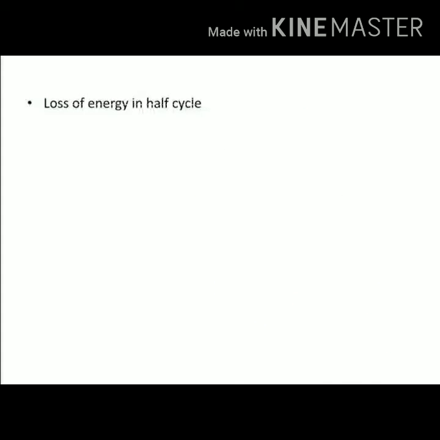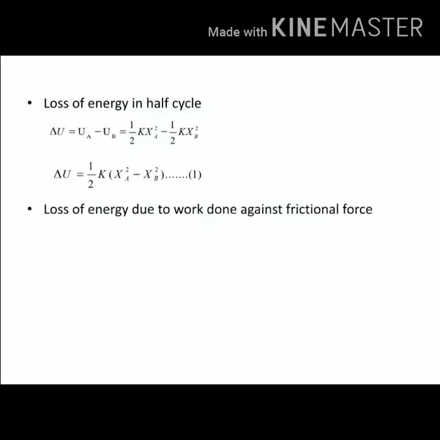So loss of energy in half cycle, we can write ΔU is equal to UA minus UB is equal to half k xa squared minus half k xb squared. So we can write ΔU is equal to half k (xa squared minus xb squared). The loss of energy is due to the work done against the frictional force.